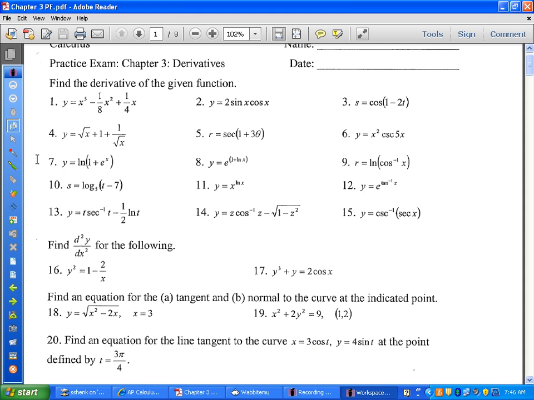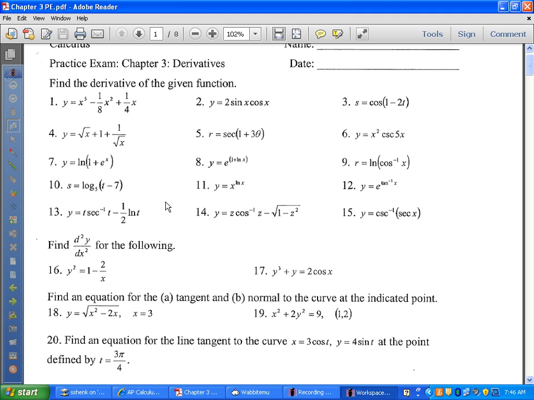How about you guys? Is there one that you're looking at and saying, I'm not really sure how I would start this one? In 5, we just treat theta like a variable, correct?